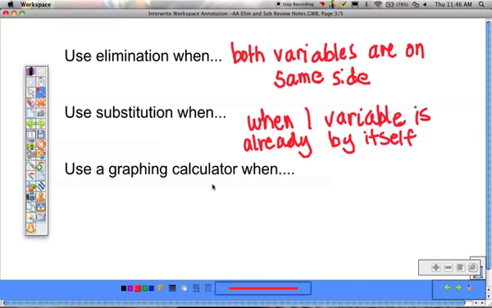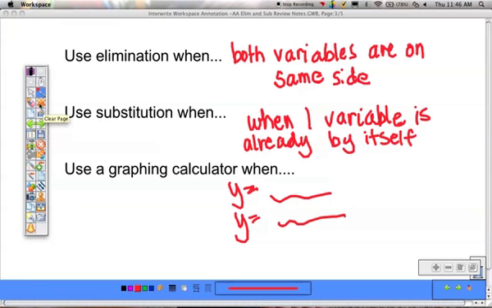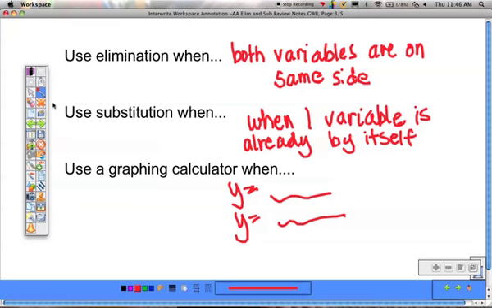And you can use your graphing calculator when they're both in the y equals form. It might be some other variable as well, but if they're the same variable and they both equal the equation, you could type that into your y equals menu on your graphing calculator.